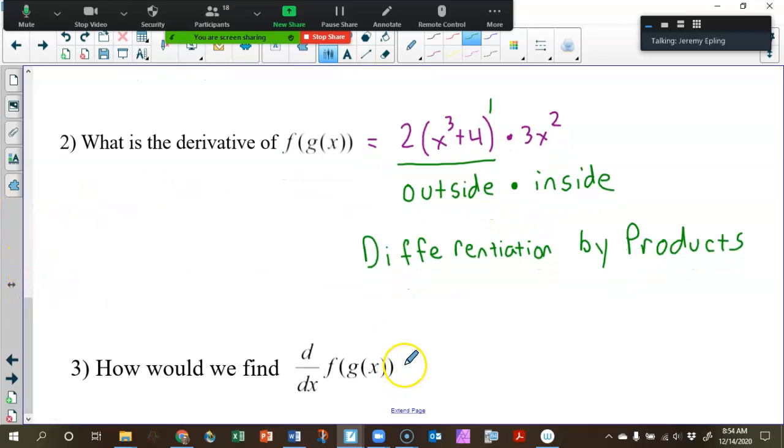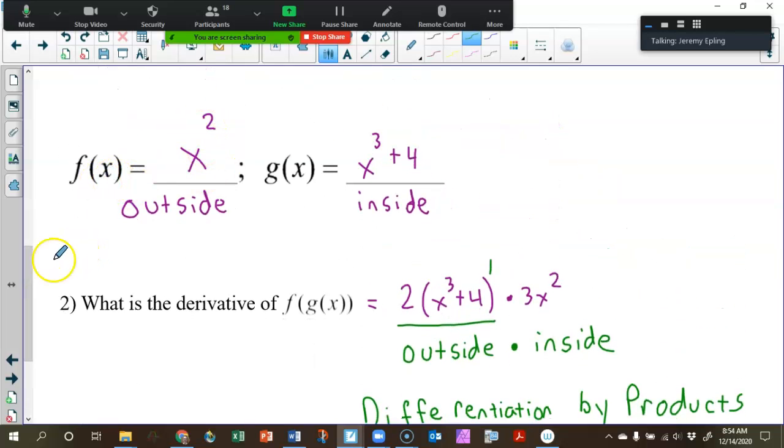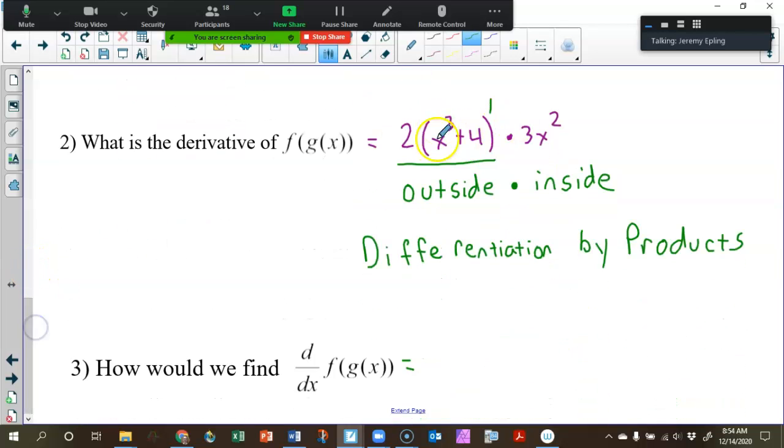So if we write this in function notation, well, we had that f of x was x squared. We took that derivative, bring the power down in front, decrease by 1. That would be f prime. But we didn't evaluate it at x, we evaluated it at function g, our inner function. And then we took the derivative of the inside piece.